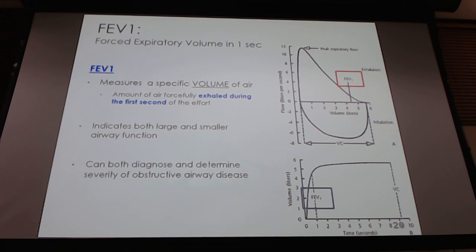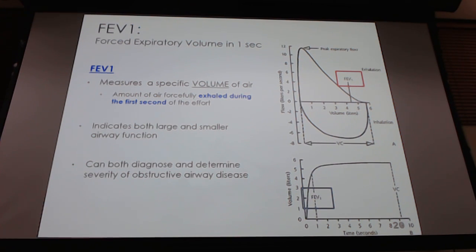All right, so then here's our FEV1. Two different ways to just view that volume, but this is the volume that we're measuring. Here and then here. It's just two different graphical representations of the same thing. And this measures flow. So how much air can you get out in that first second with good effort?